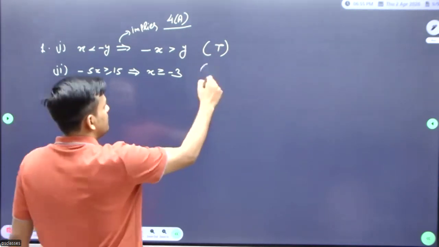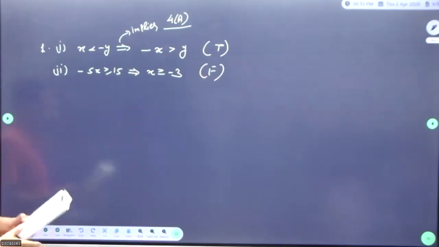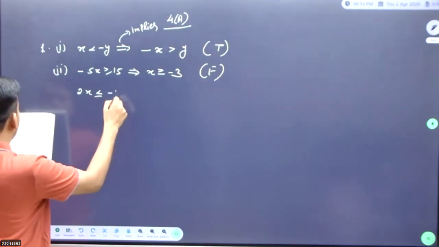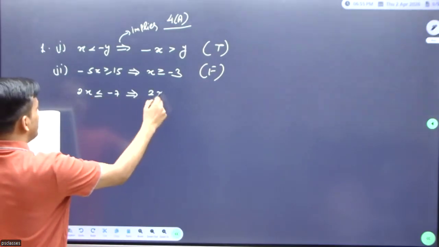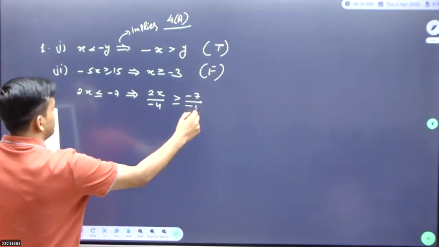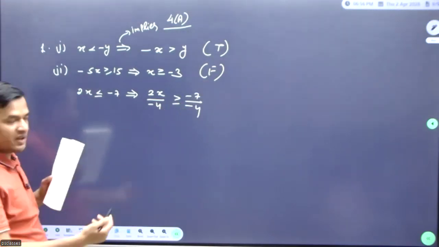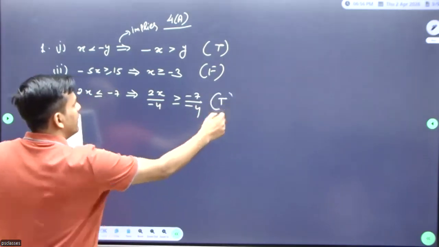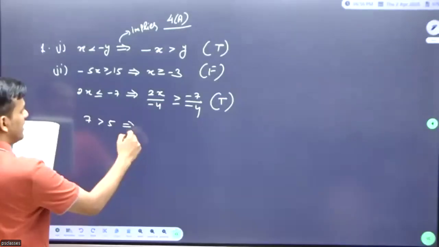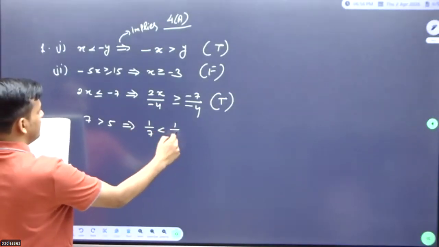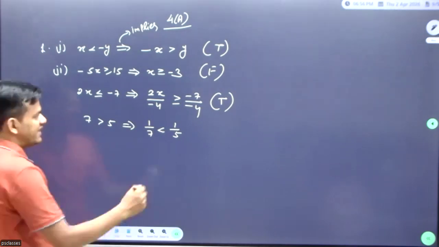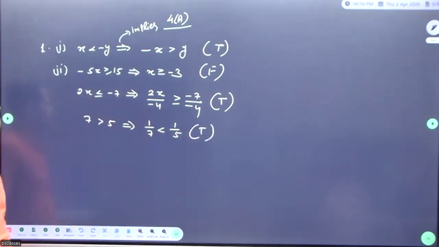Next, 2x is less than equal to minus 7 implies 2x by minus 4 greater than equal to minus 7 by minus 4. True. We are dividing by minus 4, so the sign of inequality will change. 7 greater than 5 implies 1 upon 7 less than 1 by 5. True. We are taking the reciprocal, so the sign of inequality will change.